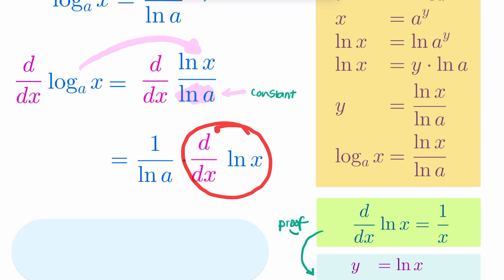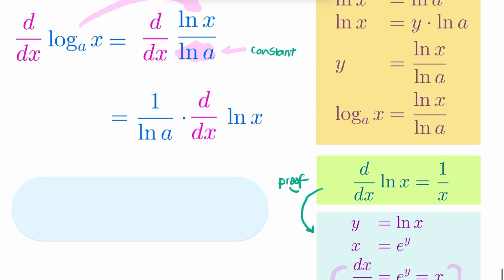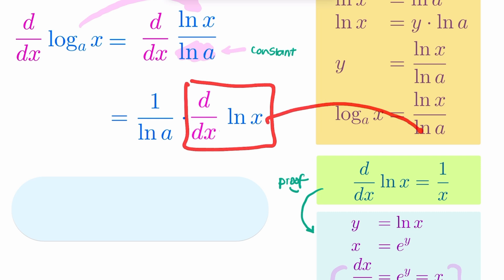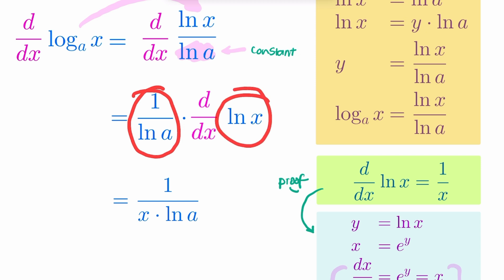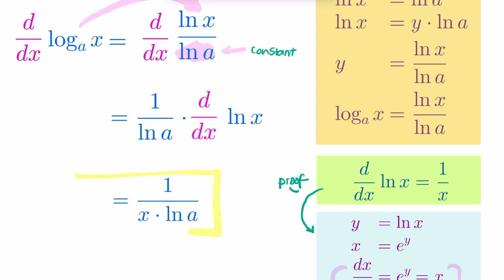So we can simply replace this with 1 over x, and this, because it's a constant, we don't need to differentiate it. I just took that outside. And now that's our final answer. It's simply 1 over ln a multiplied by 1 over x, which is 1 over x ln a.